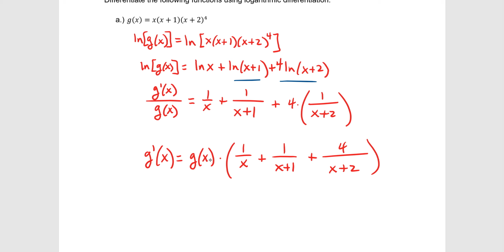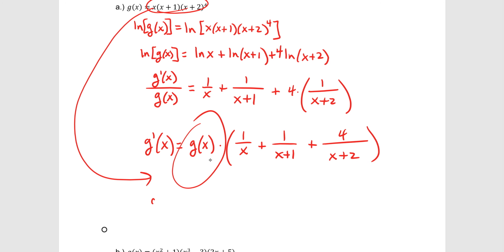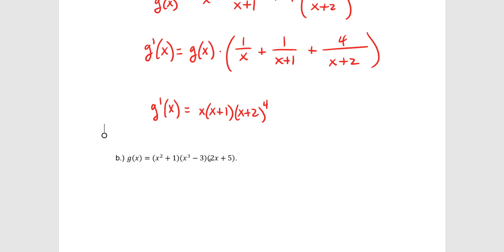And the very last thing that we have to do here is rewrite g of x as what we originally started with. So if we rewrite that, we're going to get g prime of x equals x times x plus 1 times x plus 2 to the 4th, times 1 over x plus 1 over x plus 1 plus 4 over x plus 2.